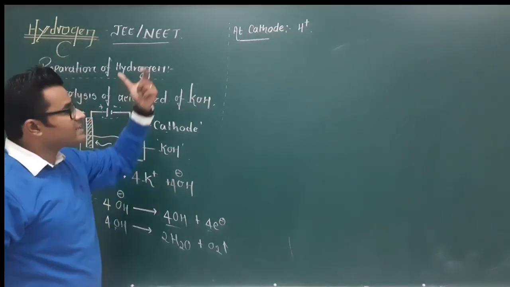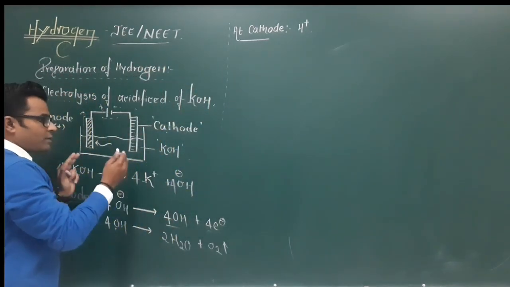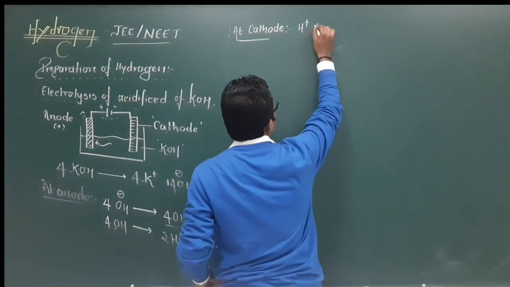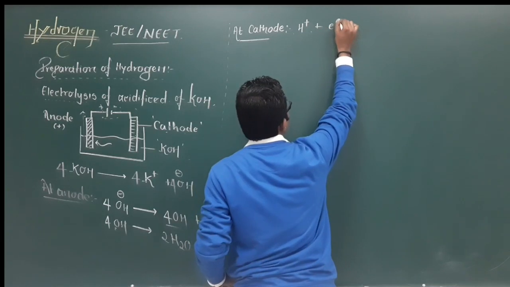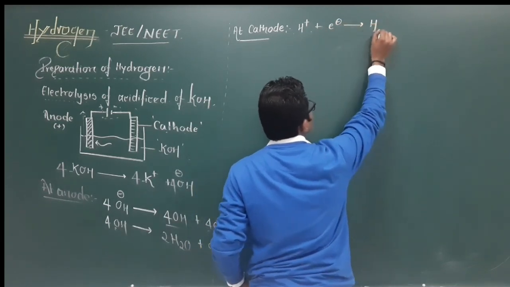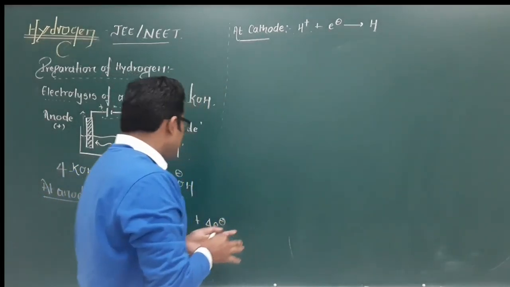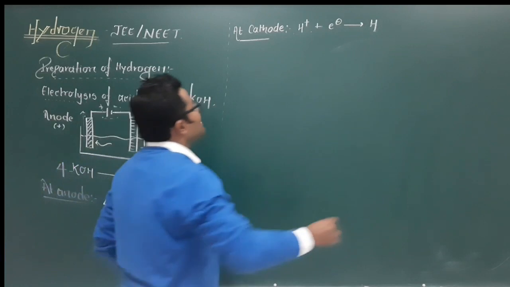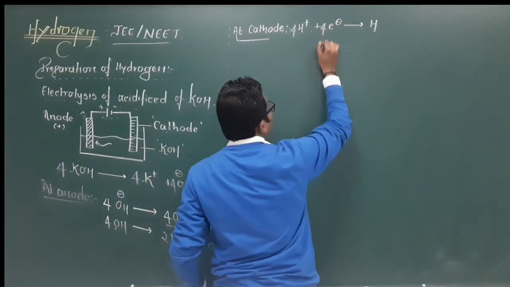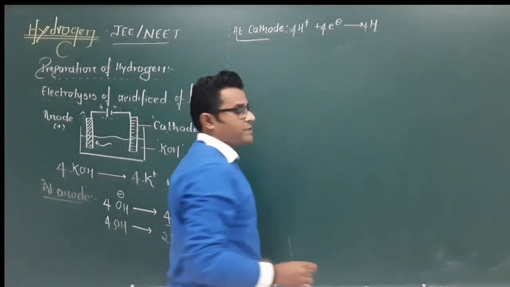I'll give you the reason at the end. The H plus ions take the electrons and get converted into hydrogen in its atomic form. As we have released 4 electrons, let us say 4 protons take in 4 electrons, giving us 4 hydrogen atoms.